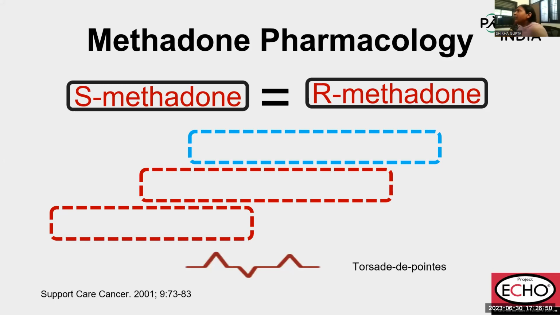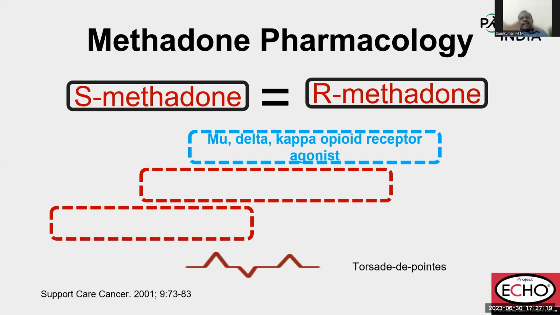It is a mu receptor agonist. Okay, but you can see S-methadone and R-methadone act on all the opioid receptors as agonist: mu, kappa, and delta.